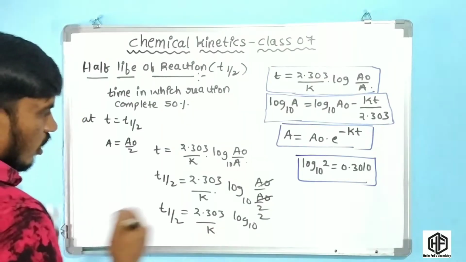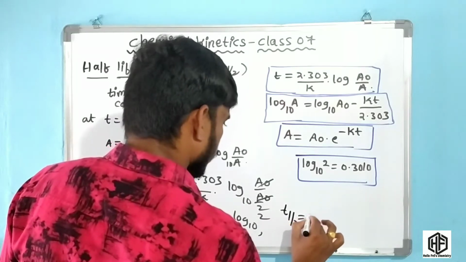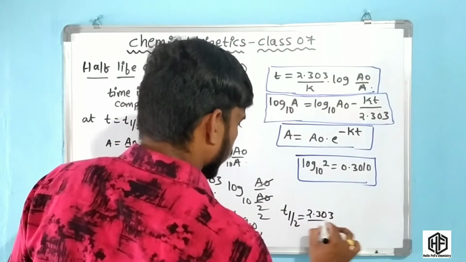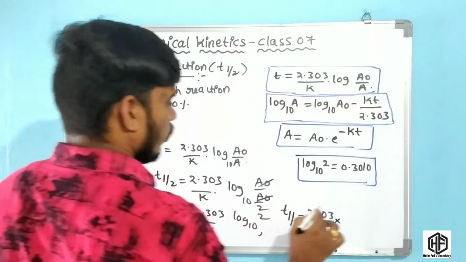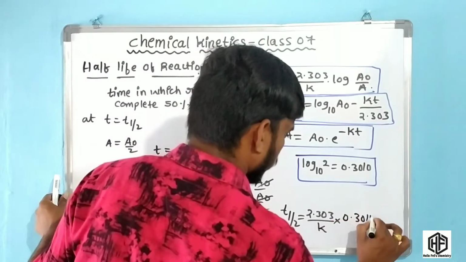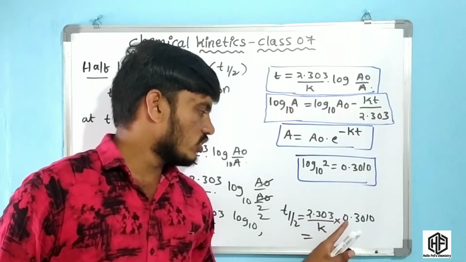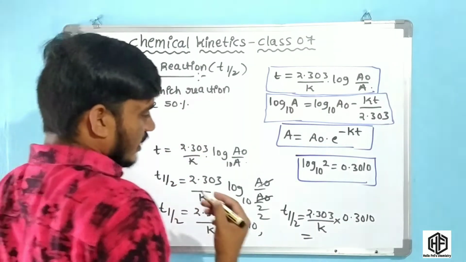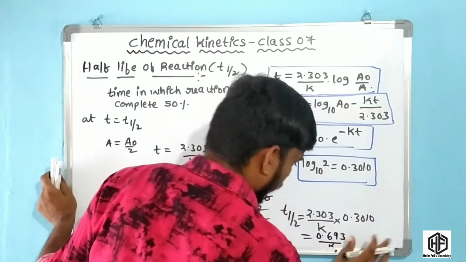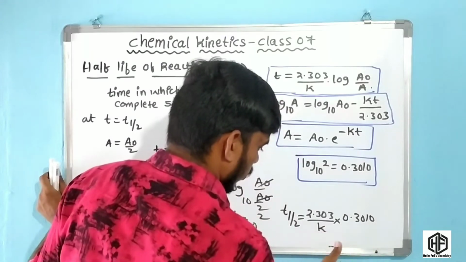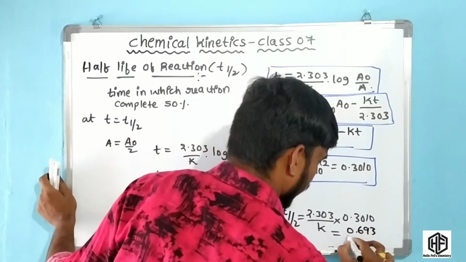Finally, t½ = 2.303/k × log₁₀ 2, where the value is 0.3010. Multiplying 2.303 by 0.3010, finally the value is 0.693/k. So t½ = 0.693/k.